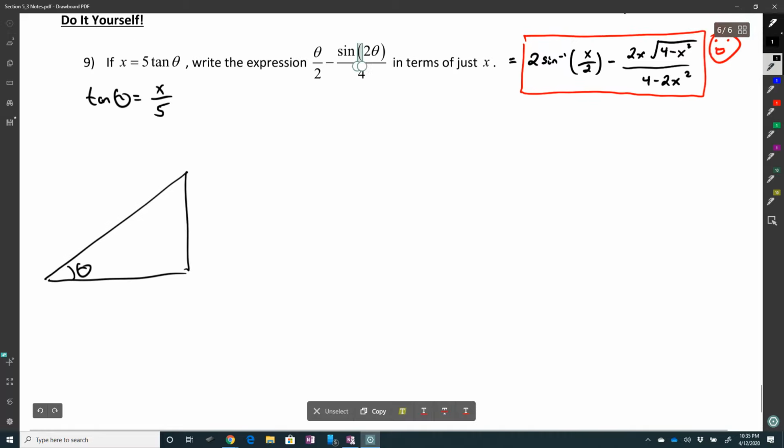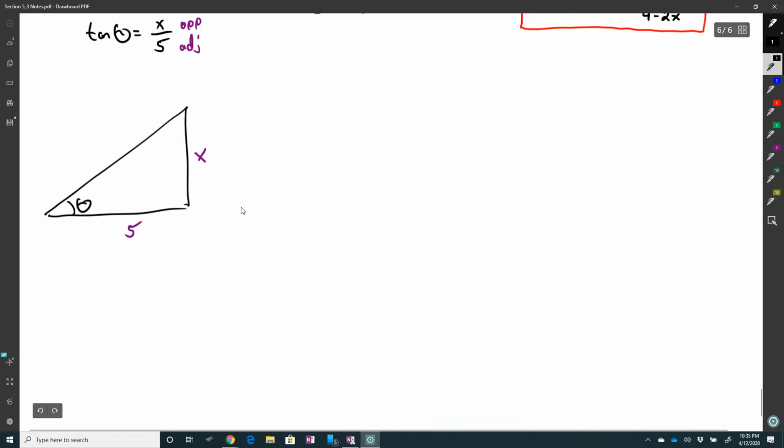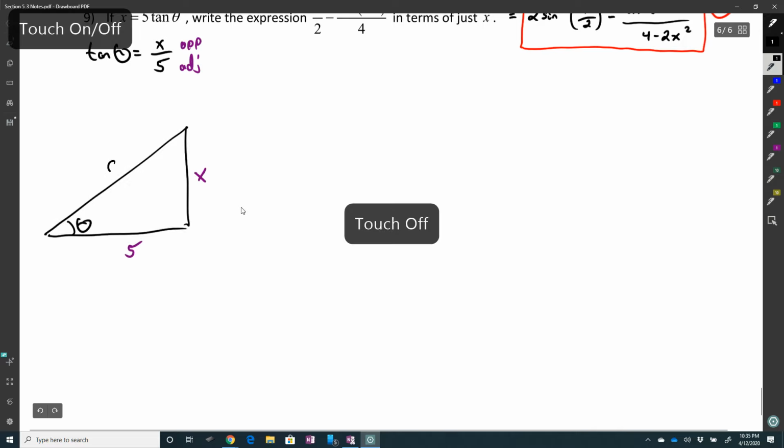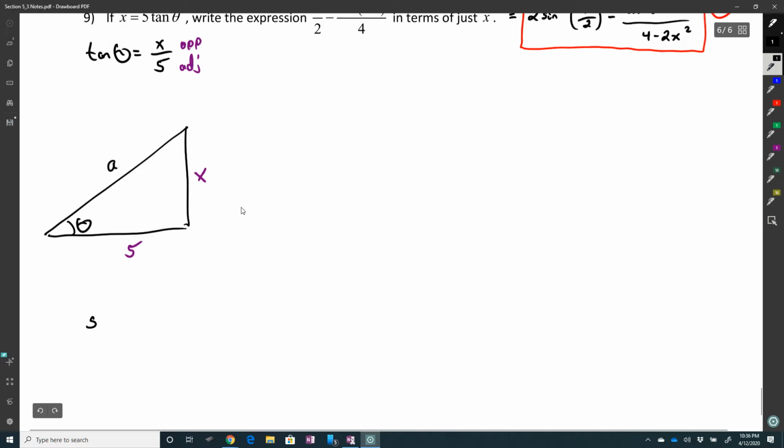So tangent theta, tangent is opposite over adjacent. And so this means the other term, which I'm going to call a, satisfies 5 squared plus x squared equals a squared.